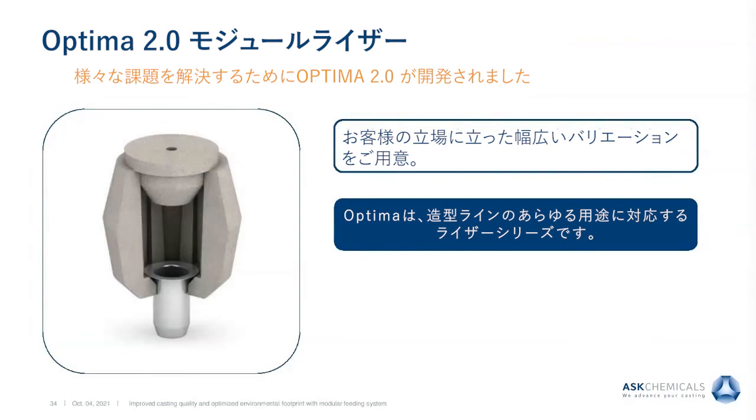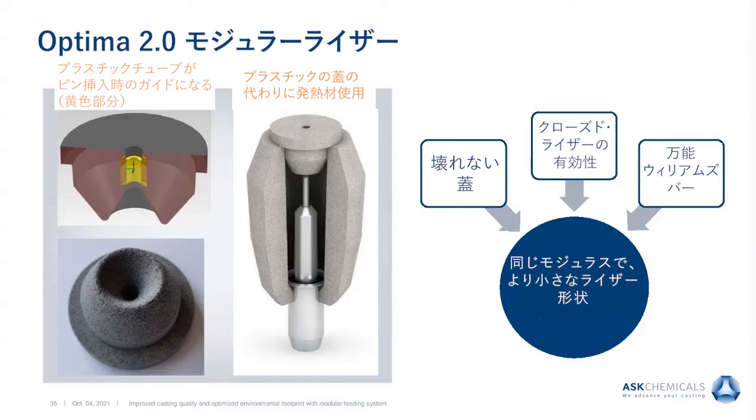So that's why we have developed this OPTIMA 2.0 as a modular riser with a wide range of customer-oriented variation options. So the OPTIMA is a riser family for all applications on the molding lines, meaning screens and molding lines in this case. We have also developed an exothermic lid instead of the plastic lid.